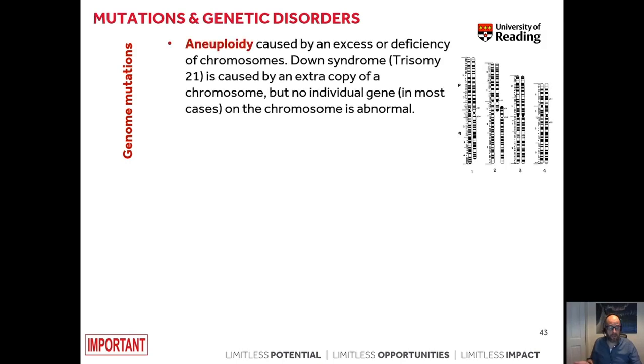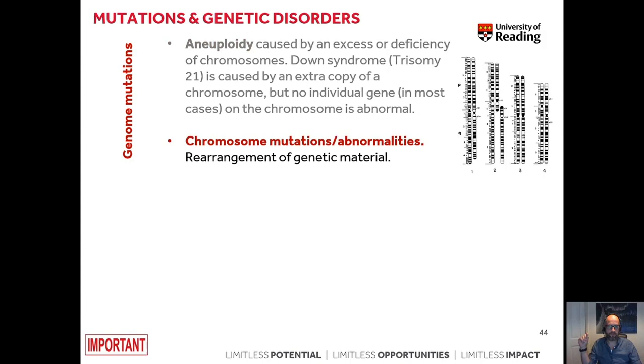An example of genome mutation we already had a look at is aneuploidy, which changes the chromosomal configuration in a cell. As we have heard before, an example of genome mutation is trisomy 21 or Down syndrome, where 3 copies of the chromosome 21 are present.